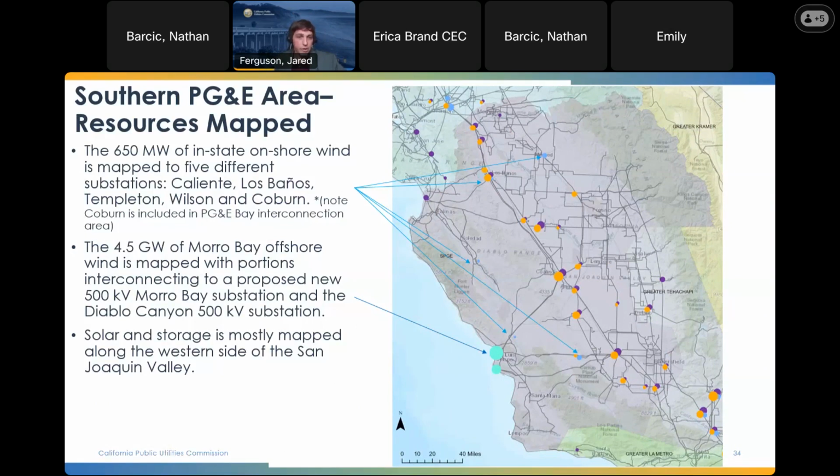You see it shown as 2 dots because we've mapped it as interconnecting both to the Diablo Canyon substation, but also a proposed new 500 kV Morro Bay substation. They're split with a little more of the resources mapped to the new proposed Morro Bay substation, so that's the slightly larger circle of the two. And then most of the solar and storage are mapped along the western side of the San Joaquin Valley. Next slide.